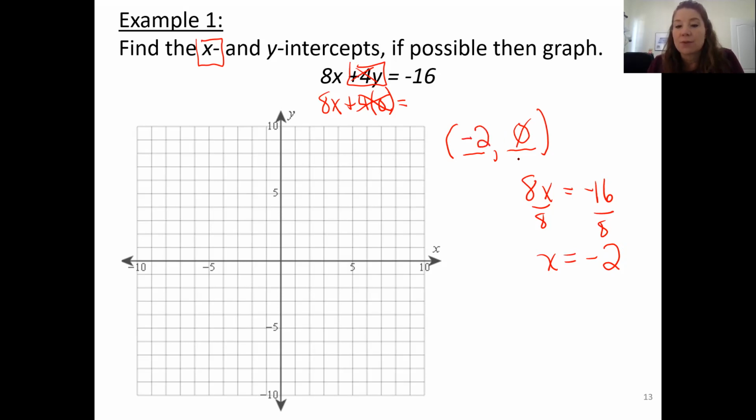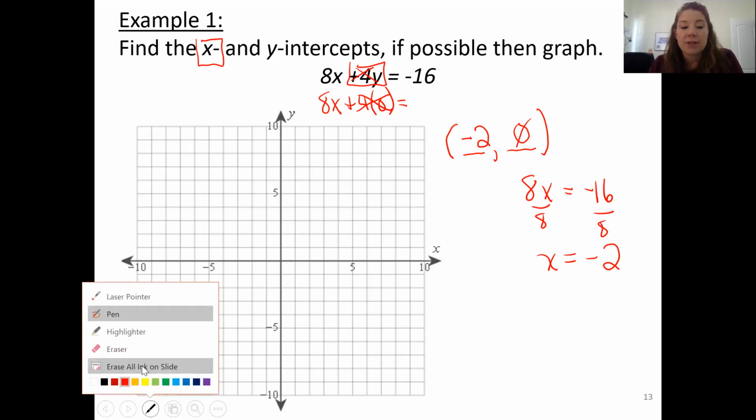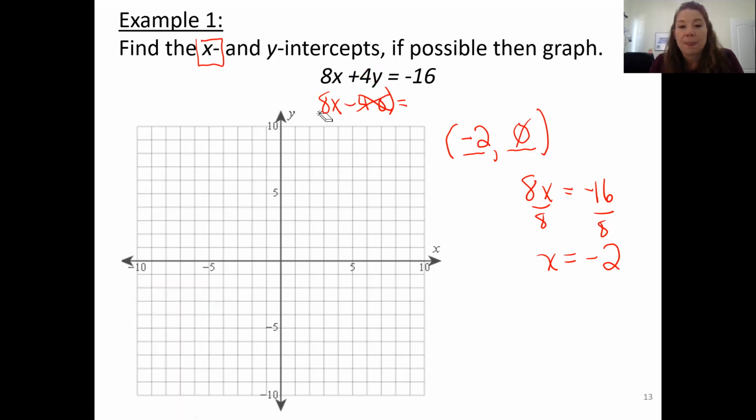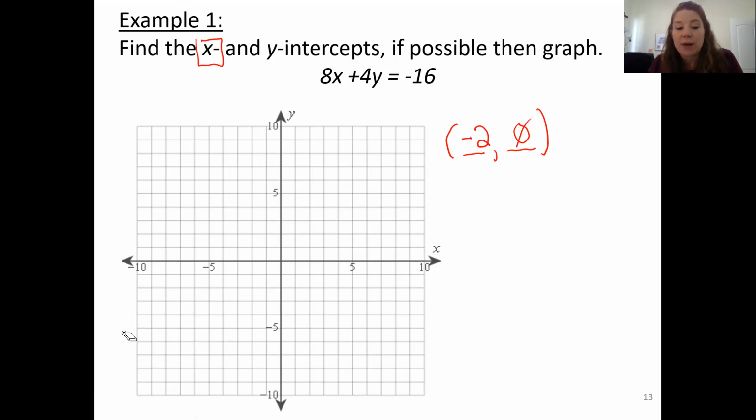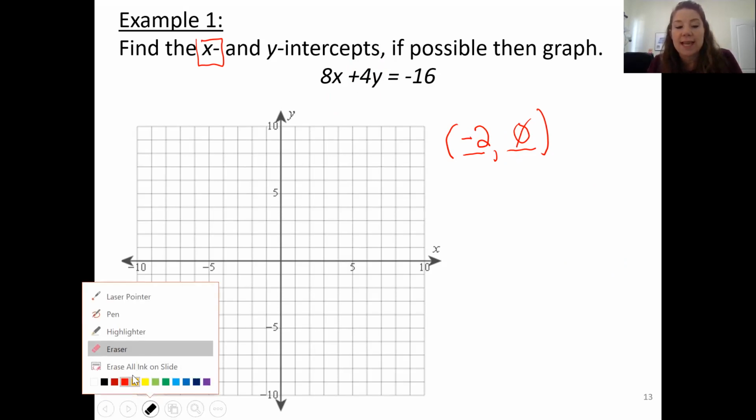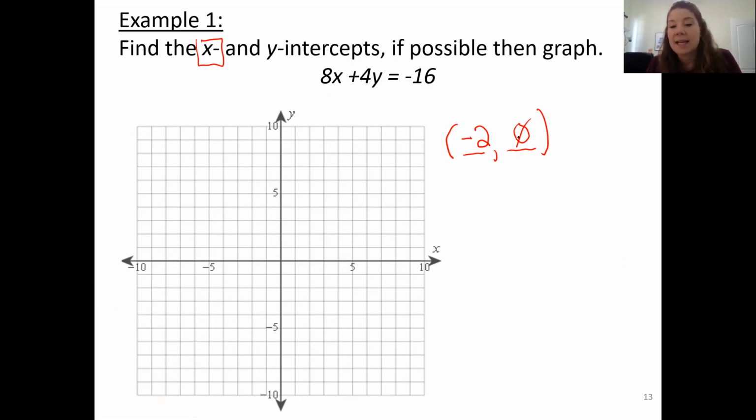So here is our first ordered pair. All right, so let me get rid of some of this stuff. So we just found the x-intercept. So what does that mean? That means that the line that we graph is going to intersect the x-axis at negative 2, 0. That's what it means. Now we're going to find the y-intercept.